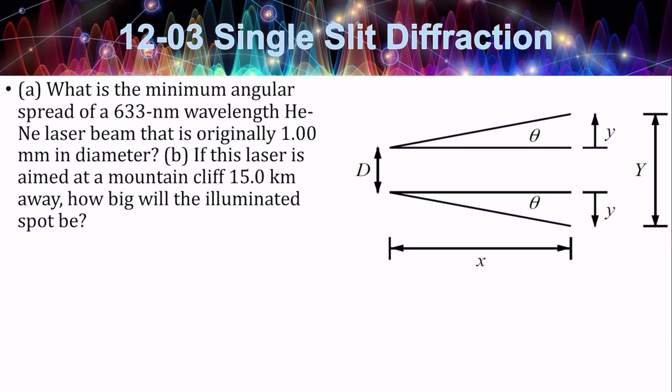So what is the minimum angular spread of a 633 nanometer wavelength helium neon laser beam that is originally 1 millimeter in diameter? Okay. Well, since it's circular, we're going to use this one.